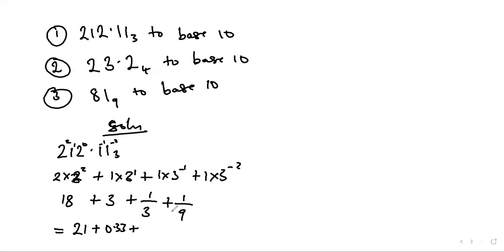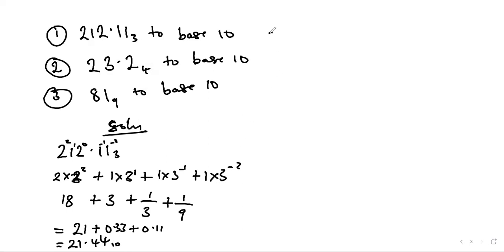And 1 over 9 is 0.1111. So final answer, if you add that, you have 21.44 base 10. So that's for the first one.